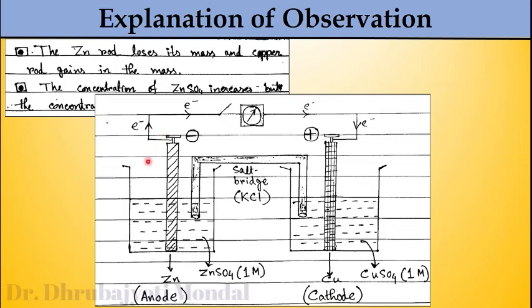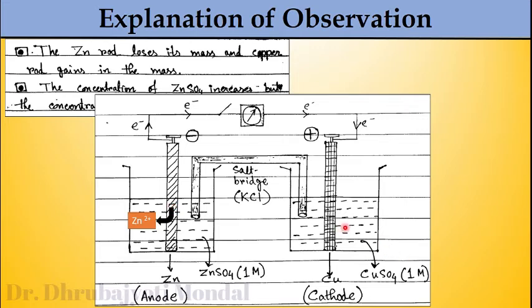As I already told you, zinc Zn converts to Zn2 plus. So here the amount of 2 plus charge in the solution increases. The zinc atom from that electrode converts to Zn2 plus, so you can say the zinc electrode loses its mass.